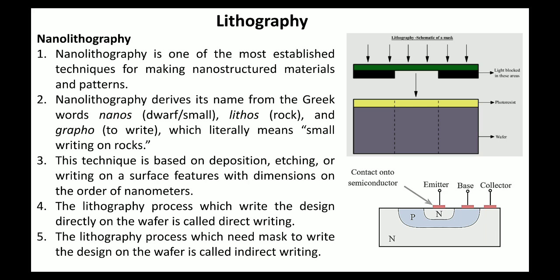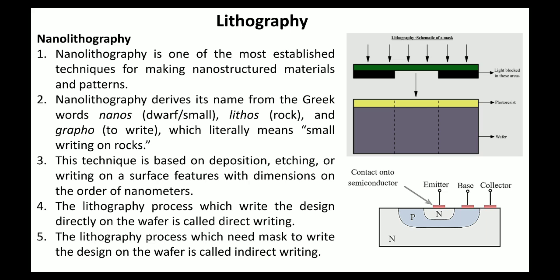So this technique is based on deposition. We have to use some kind of deposition of some polymer material. Then we have to etch it. Etching means we can remove that material, take it out from that particular place.